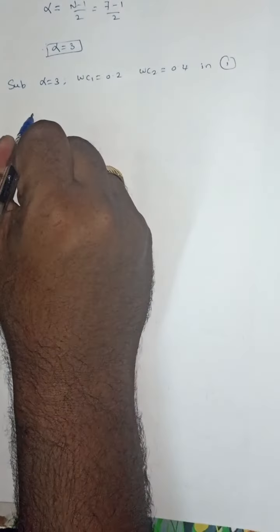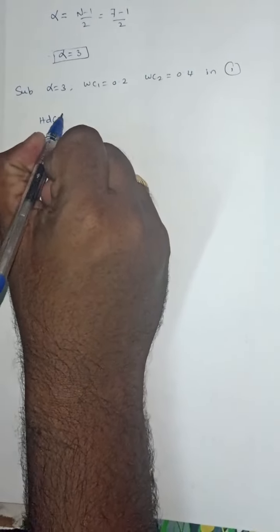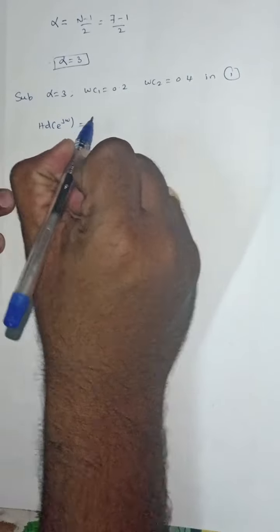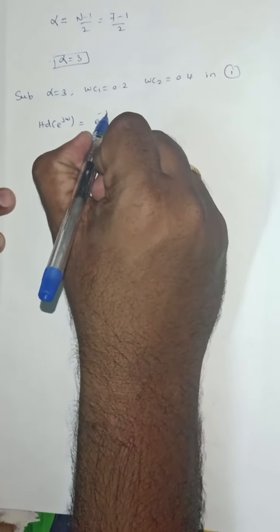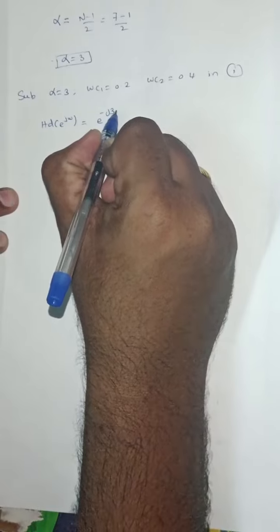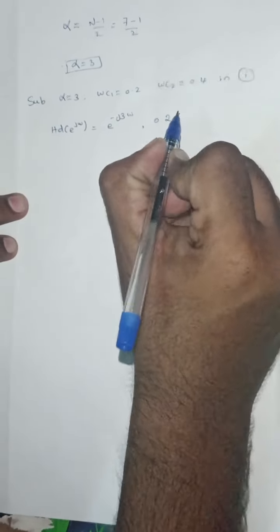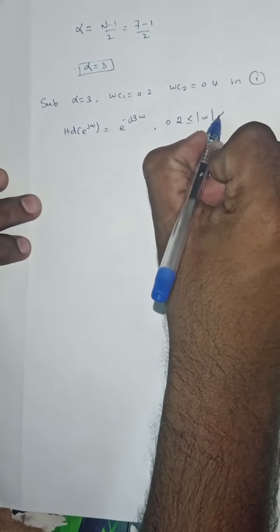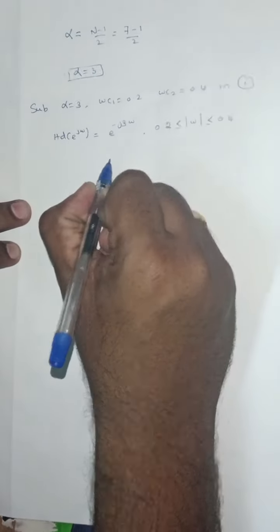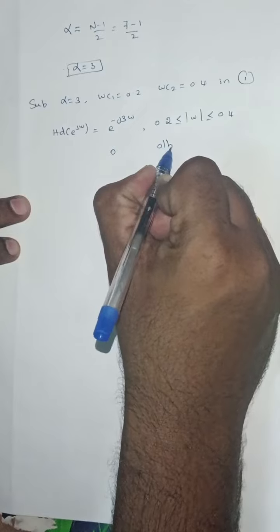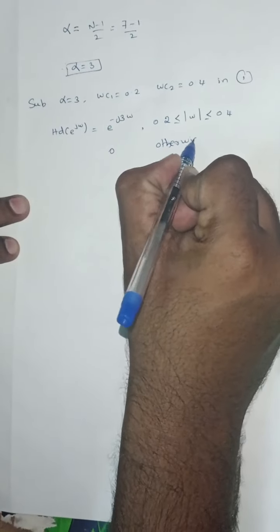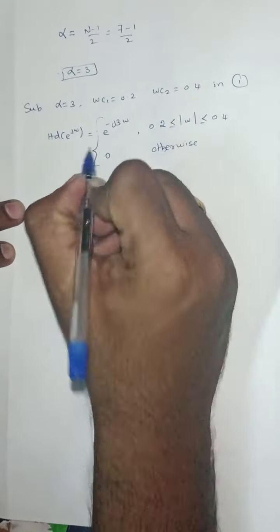So Hd of e power j omega is equal to e power minus j 3 omega for omega c1, 0.2 less than or equal to modulus of omega less than or equal to 0.4, 0 otherwise. Take it as equation 2.